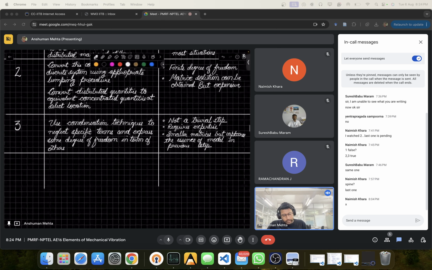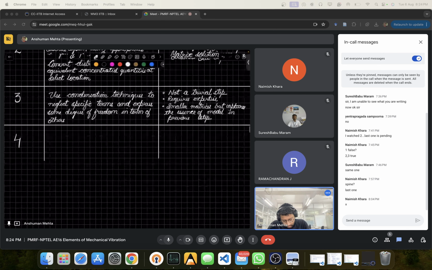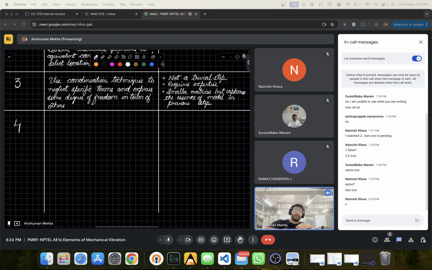Now, level 4. In level 4, we reduce the complexity further by kinematic assumption.